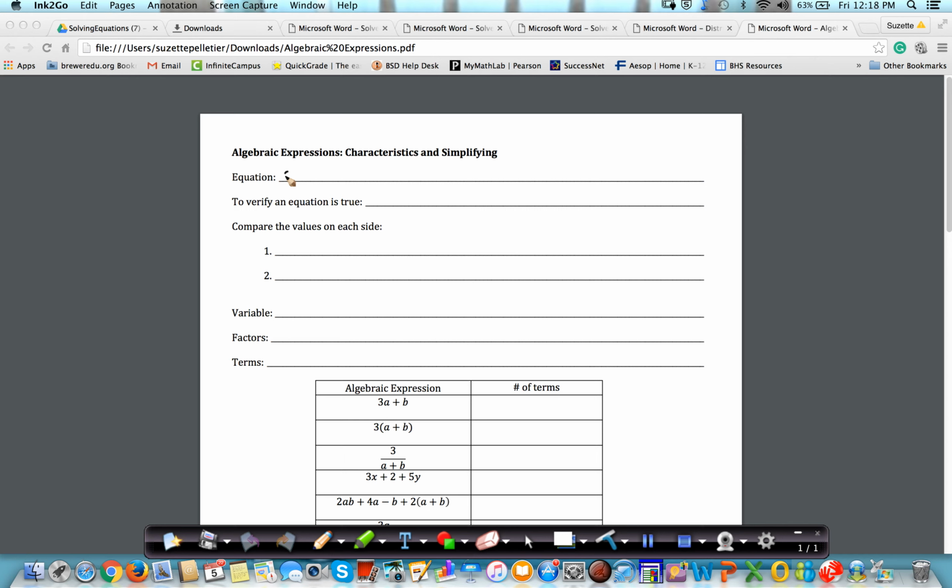Okay, so symbolic statement that two quantities are equal.